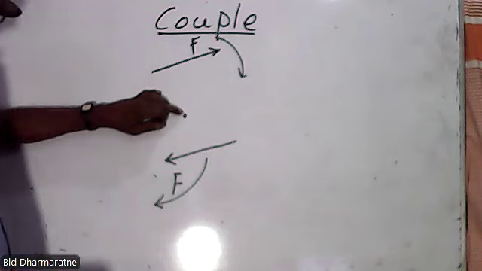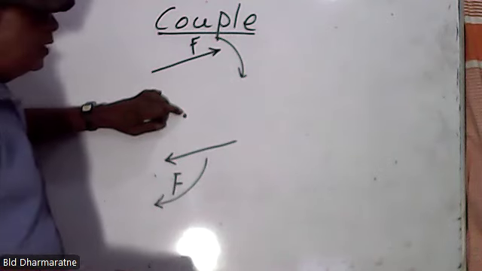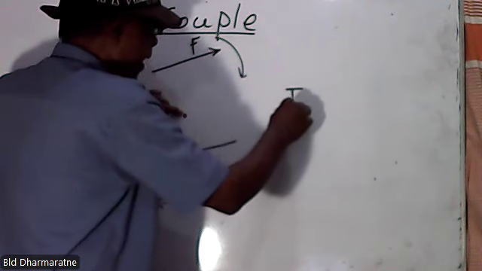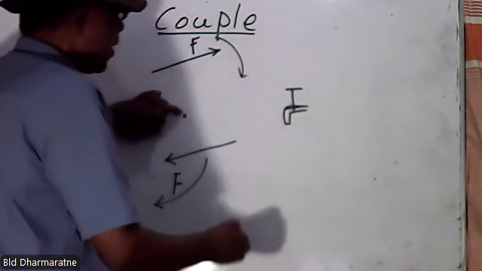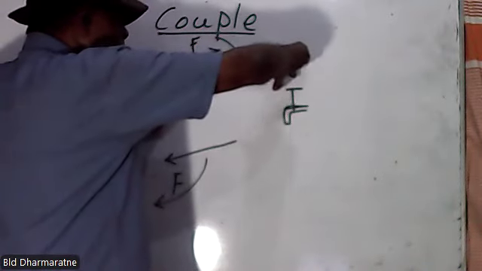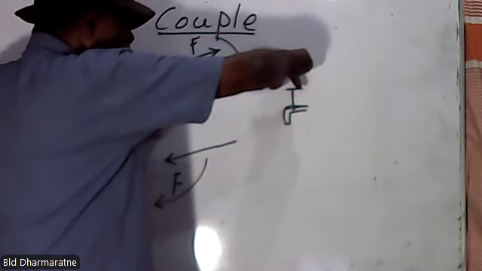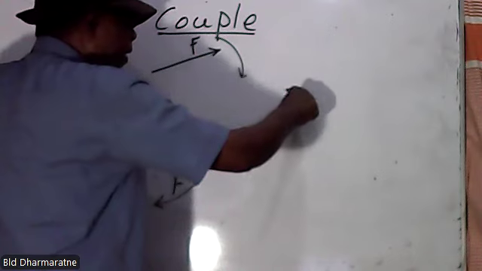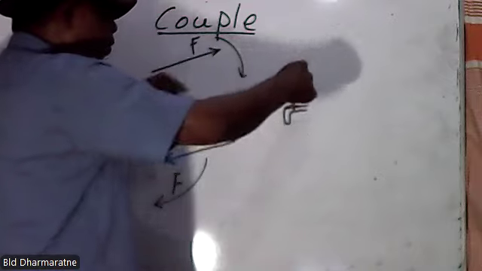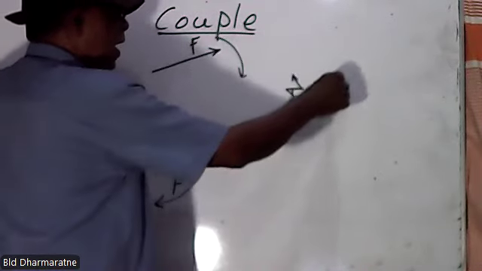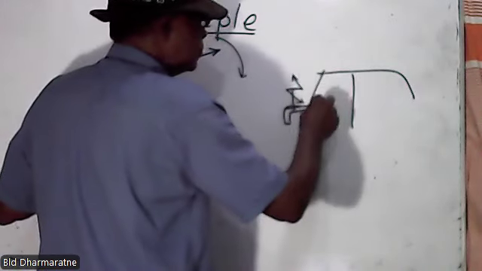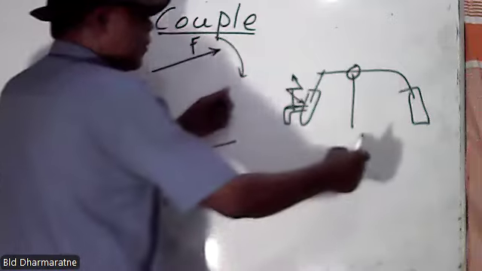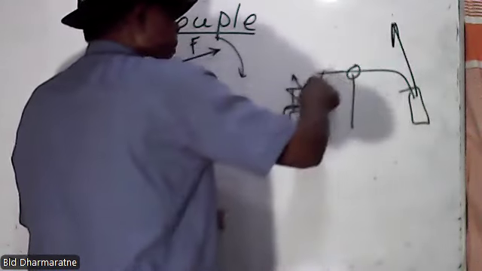In day-to-day life, we can see couples. A normal domestic tap: we are rotating it, turning to close or turning to open, and we are putting force here. Also a bicycle handle and a motorbike handle: we are turning in this direction, making force here and here.